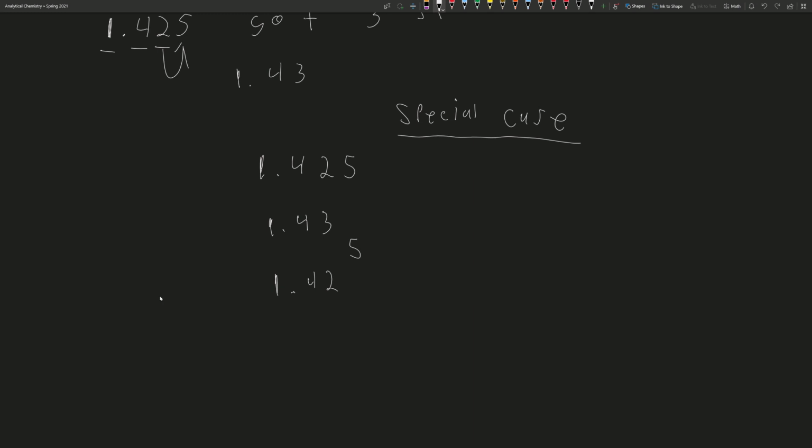When we are exactly in between two numbers when we are rounding, and that first non-significant figure, so this would be the first, let's say this.